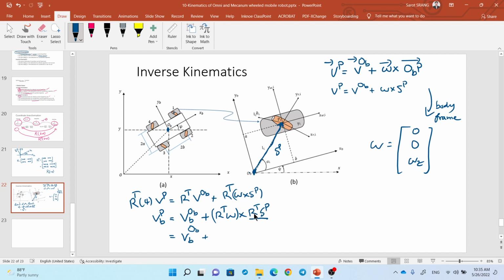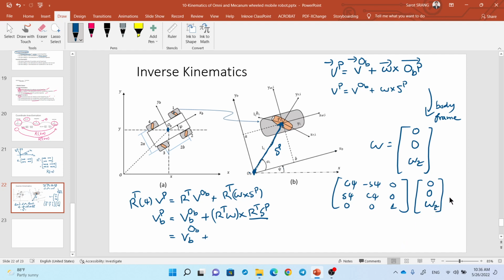And if we apply the rotation matrix, is it still the same? Now I have cos psi, sin psi, 0, 0. Oh, sorry, minus sin psi, cosine psi, 0, 0, 0, 1, and apply on the angular velocity 0, 0, omega z.